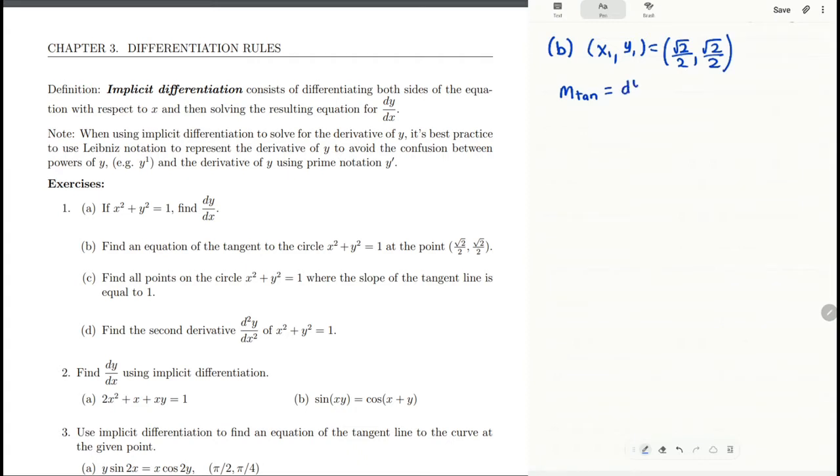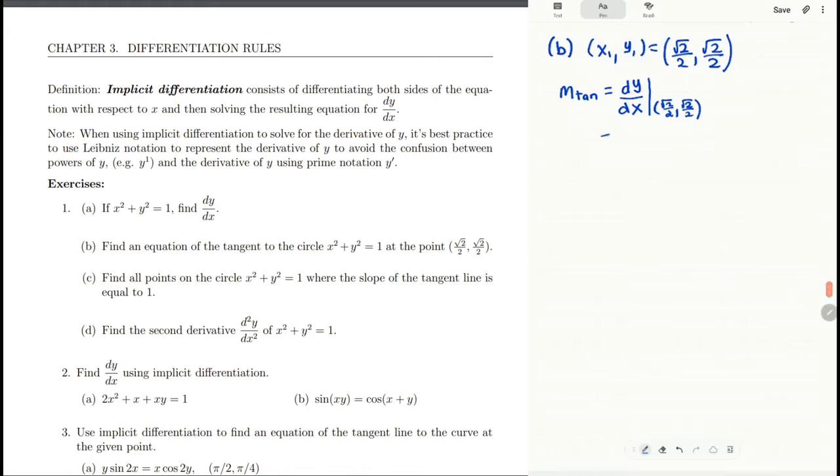And so the notation that we can use to write the slope of the tangent line in Leibniz notation is where we evaluate dy over dx at the point root 2 over 2, comma root 2 over 2. So the vertical line means evaluation, and we're evaluating the derivative at the point root 2 over 2, comma root 2 over 2.